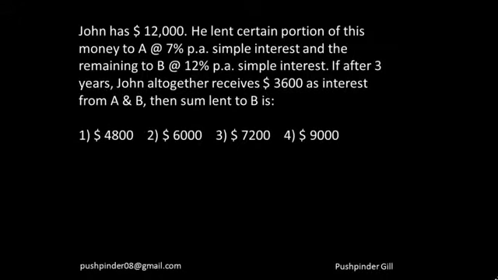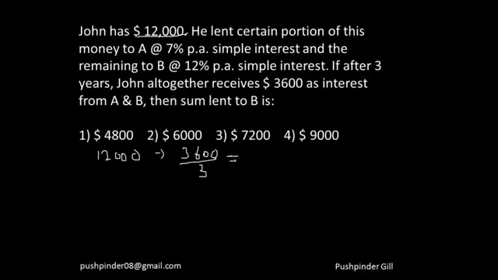John has $12,000. He lent a certain portion of this money at 7% simple interest, and the remaining at 12% simple interest. In 3 years, he altogether received $3,600 as interest from A and B. Then the sum lent to B is what? If you clearly see here, he invested $12,000 and he got $3,600 back in 3 years.